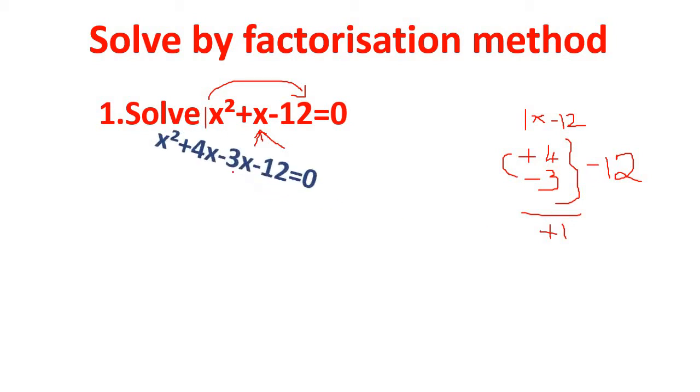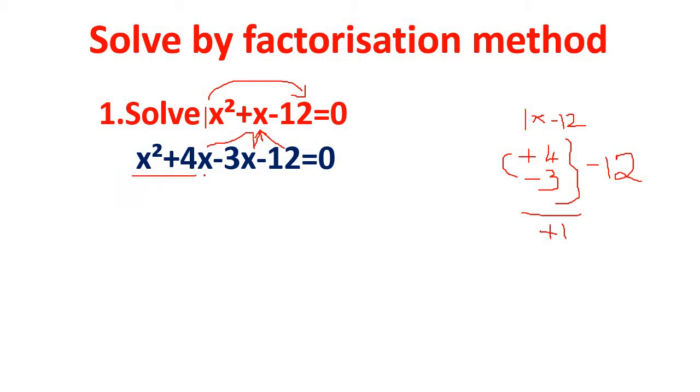Now let us write this as x square plus 4x minus 3x minus 12 is equal to 0. So we have split this middle term into two factors. Then in x square plus 4x, let us take x as common.